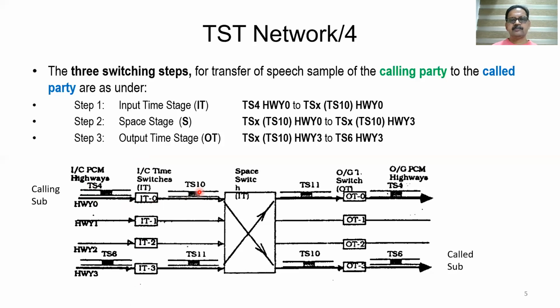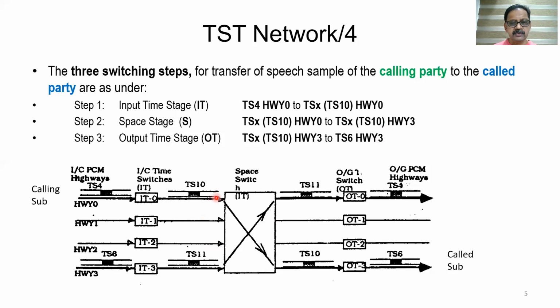In the second step, you will encounter the space switch. Step 2, space stage. This space stage shifts TSX, that is TS10 of highway 0, to TSX, TS10 of highway 3.